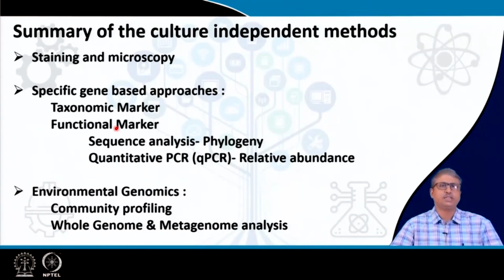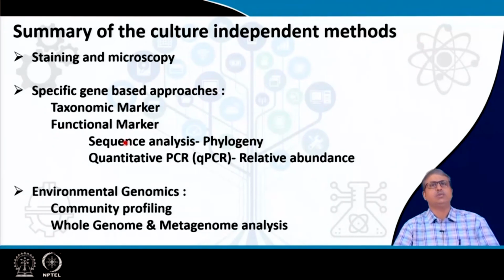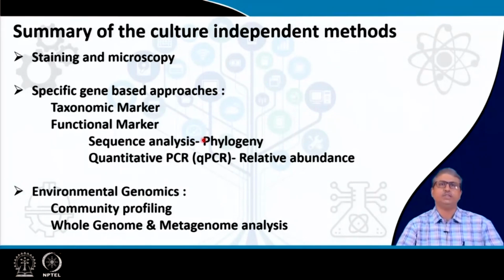So, specific genes are selected based on the process that we are trying to investigate, and these functional gene based or taxonomic marker gene based analyses are both used to obtain two sets of information. One is the sequence based analysis, where the specific gene of interest is PCR amplified and then sequenced, and following the sequence analysis, we can derive the phylogeny of the organism or the phylogeny of the gene.